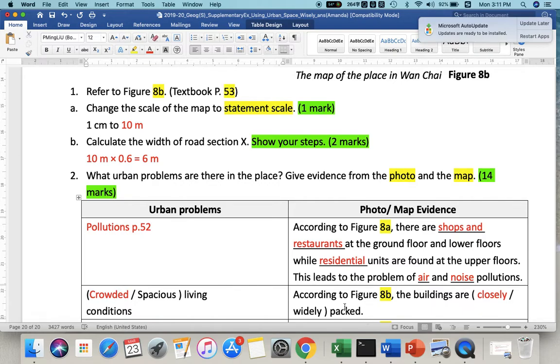So it reflects the urban problem of a crowded living condition. A very crowded living condition. And this one you can refer to your book, page 49. Page 49, the subtitle is the crowded living condition.